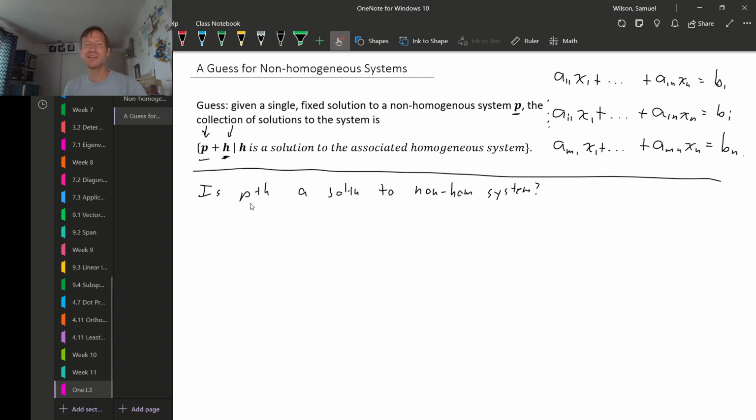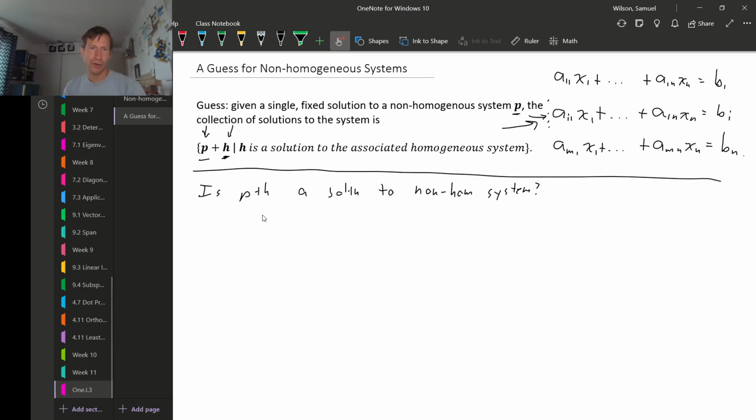So we can plug the entries of p plus h into every equation all at once just by doing it for this one representative. Different choices of i make this equation look like any of the others. So we can check all of the equations at once, basically.